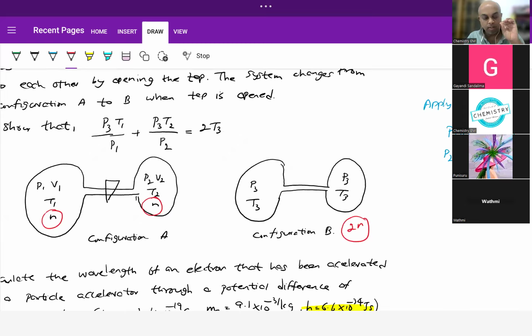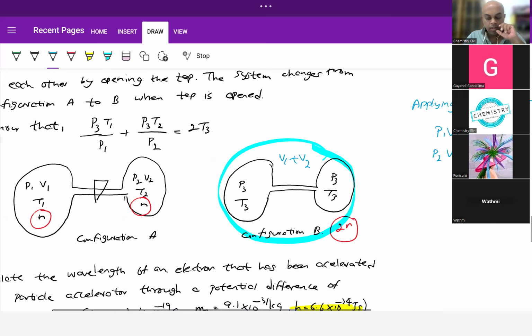But you can say the volume is V1 plus V2. Whatever volume is in configuration B, it should be V1 plus V2. That is the volume.